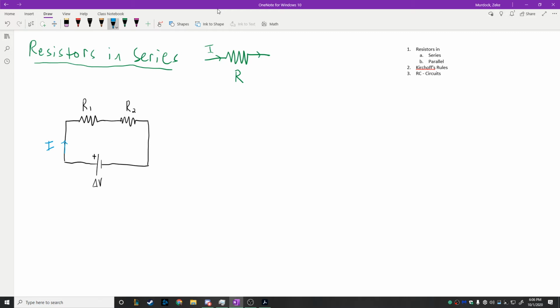When we connect a setup like this, with a battery and two resistors, any current that flows into this resistor, because it's a flow of charges, is going to have to flow out of this resistor, and that same current is going to show up over here as well. So you get the same current through each resistor. That's one of the things we can say about resistors in series: they have the same current, passing through all of them.